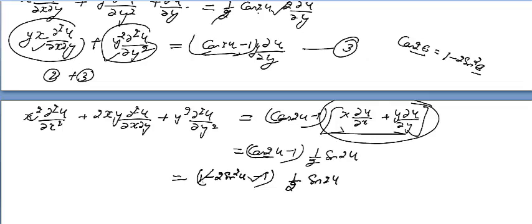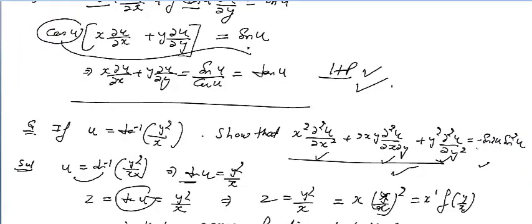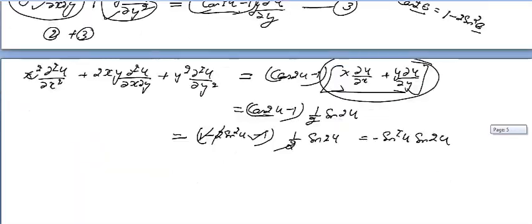Now this minus is cancelled out. So what you are getting here, minus, and this 2 will be cancelled with this, minus sin²u and sin 2u. You can see the right hand side of our equation. So hence proved. Very interesting. This is a very important question. Hence proved.